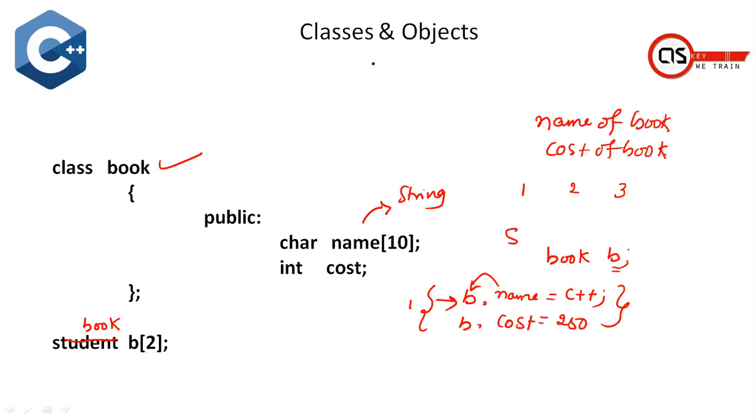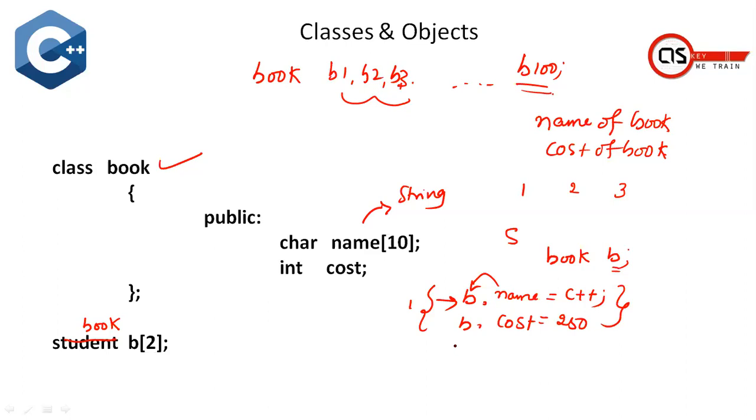It's not possible to keep on declaring book B1, B2, B3 and keep doing this till it reaches B of 100. So this is not possible. It becomes a cumbersome process for a programmer. In order to overcome this cumbersome process, we are going to make your array as an object.